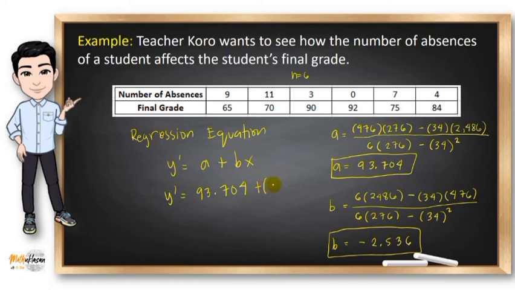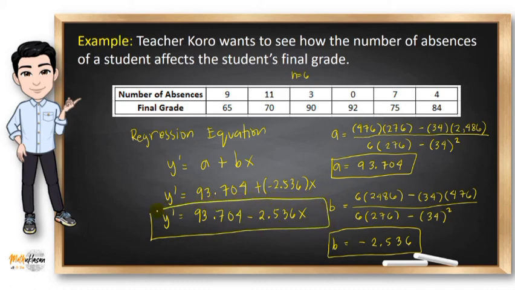So, lagay ko na muna. Then, x dyan. So, kung mapapansin nyo, negative ito. So, pagka inoperate natin dun sa plus sign yan, magiging minus na yan. So, we have 93.704 minus 2.536x. At ito ngayon yung ating regression equation.